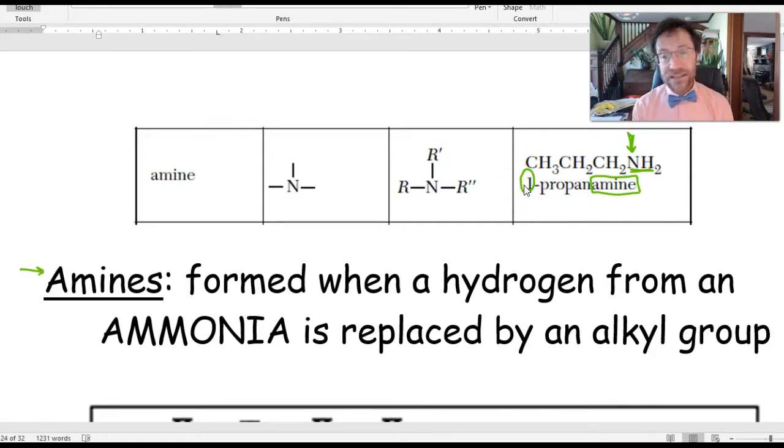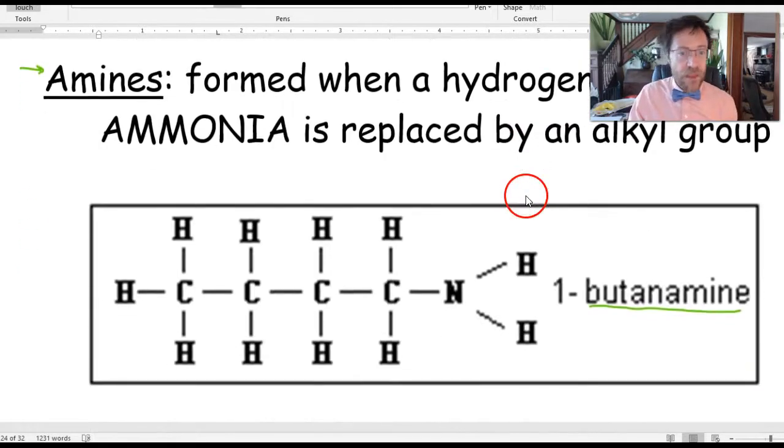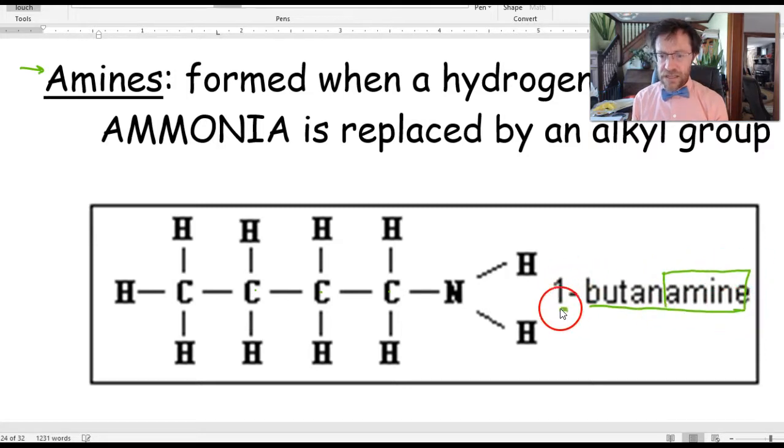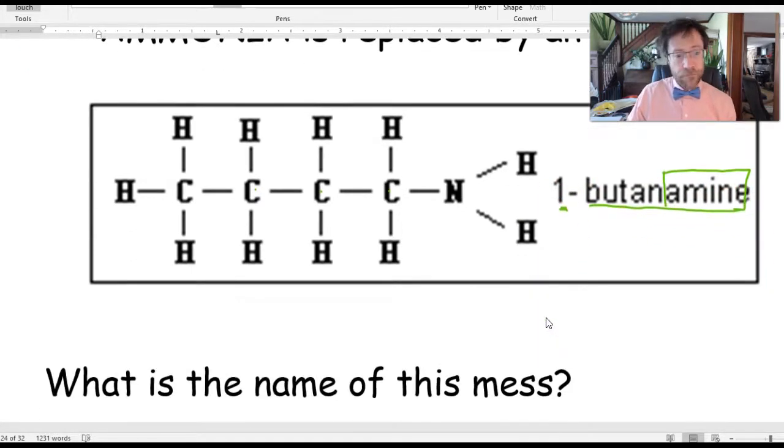But that's it. It is a little bit weird because it's an amine. It doesn't follow the exact same pattern, so it just ends as amine. So here, meth, eth, prop, but. You take butane and then you change the ending to amine, and then indicate where. You understand what I'm saying?